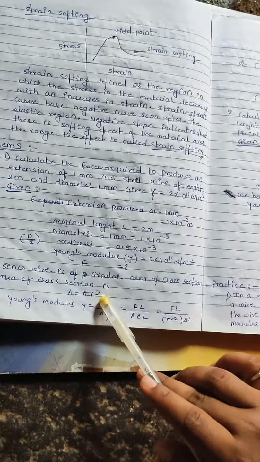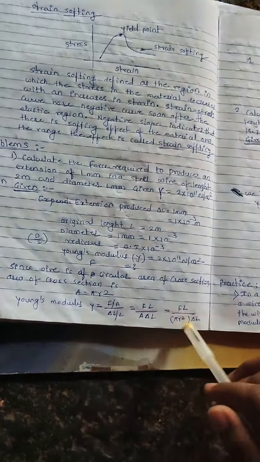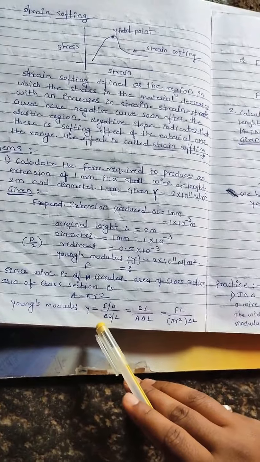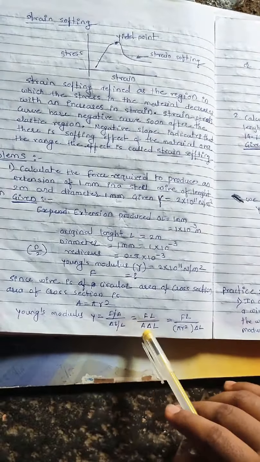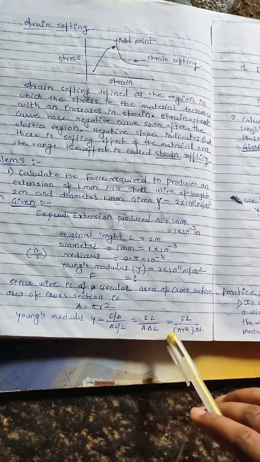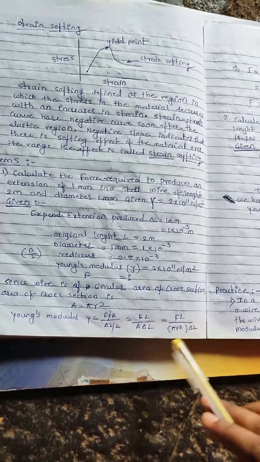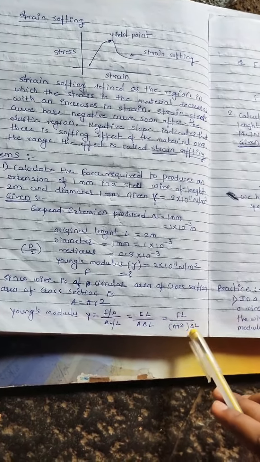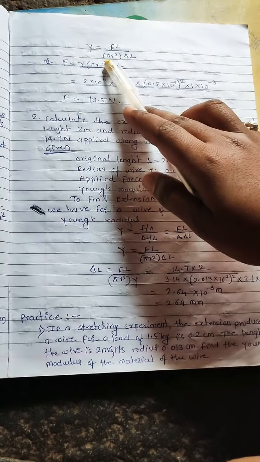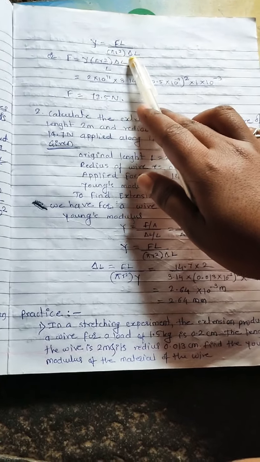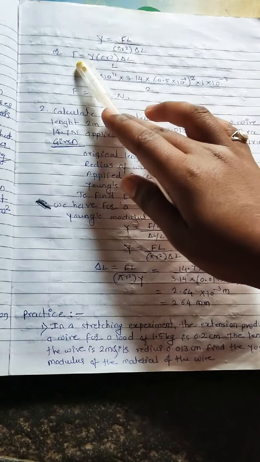Here we consider the wire. The wire has a circular cross section, that is A is equal to pi r square. So Young's modulus Y is equal to F by A divided by delta L by L. Then rearrange the terms, we get FL divided by A into delta L. Then put the value of A, pi r square: Y is equal to FL divided by pi r square into delta L. Then we have to calculate the force, so take F outside.